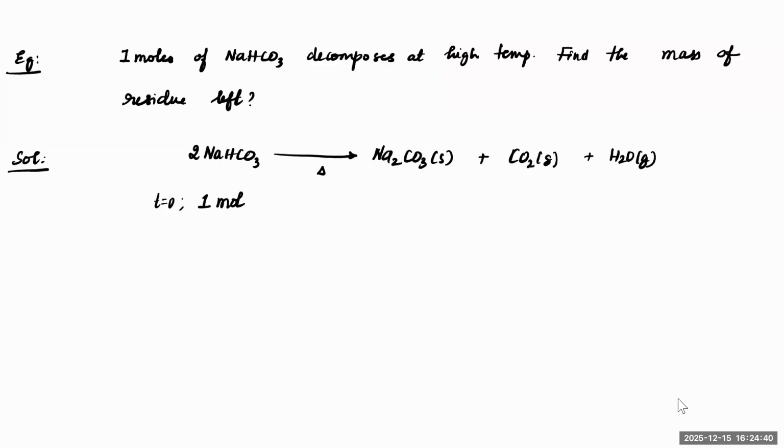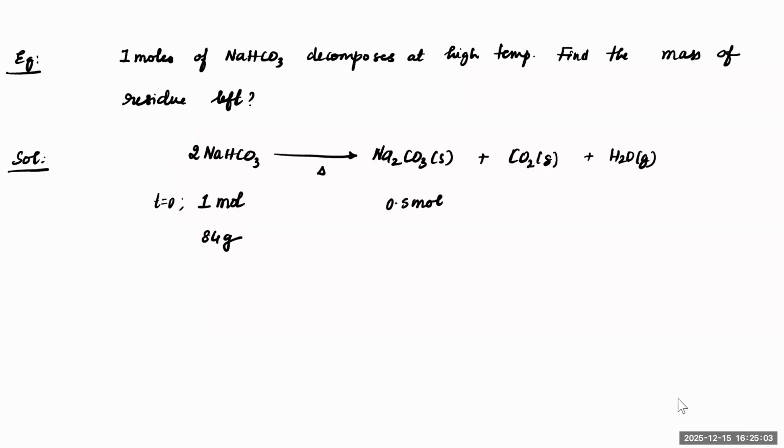So 1 mole implies 1 mole of Na2CO3 forms. Sorry, this is half mole. So 0.5 mole, because you see the ratio, 2 moles is equivalent to 1 mole. So 1 mole will give you half mole. So it was 84 grams.